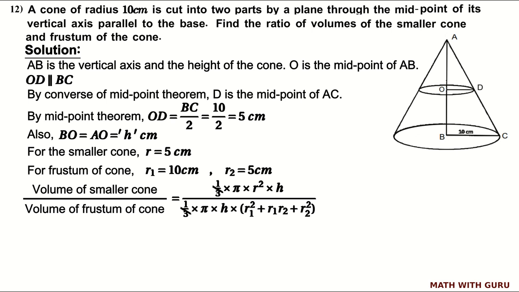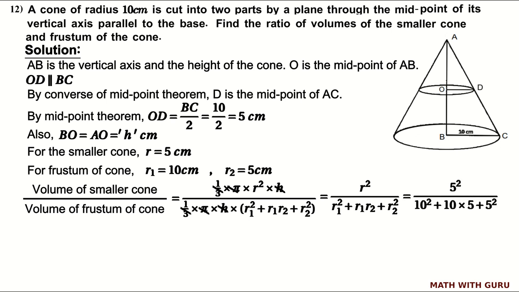1 by 3 and 1 by 3 get cancelled. Pi and pi get cancelled. H and h get cancelled. What remains? R squared divided by r1 squared plus r1 r2 plus r2 squared. Let us substitute the values. 5 squared divided by 10 squared plus 10 into 5 plus 5 squared.